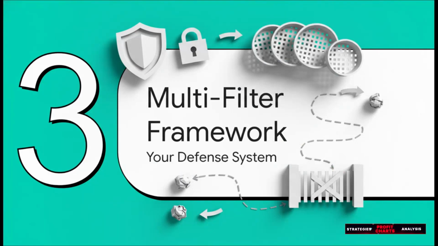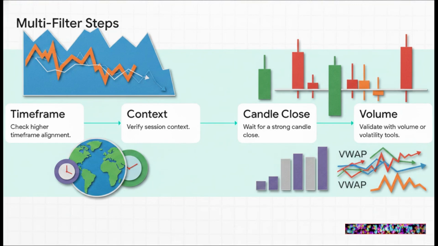Section 3. The multi-filter framework. So the crucial point is, how do we build a defense system against this? I really want you to treat this strict 4-step checklist like gospel. First, always check higher time frame alignment. I mean, a 15-minute breakout is totally useless if you're fighting a massive 4-hour or daily downtrend.